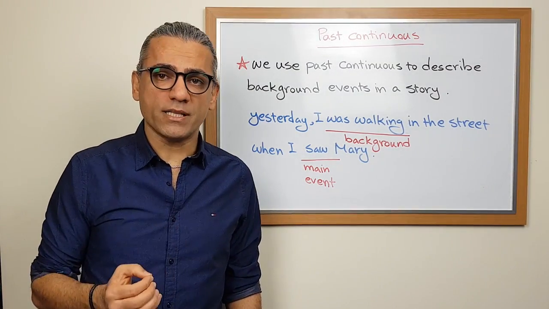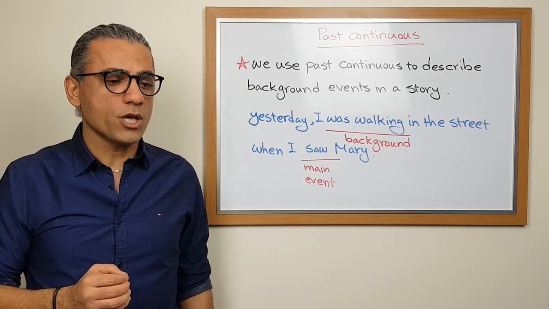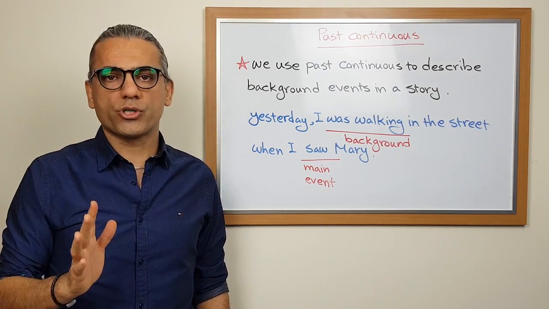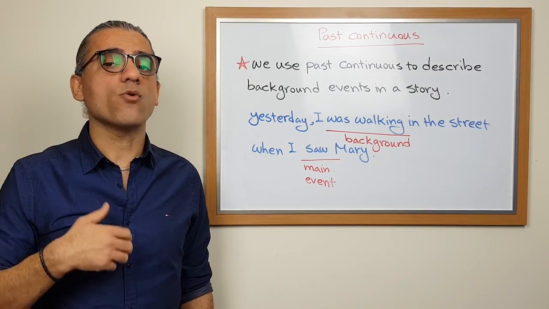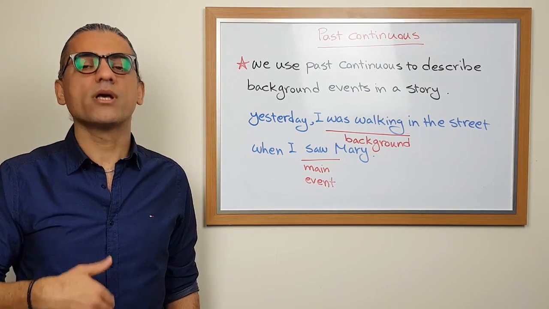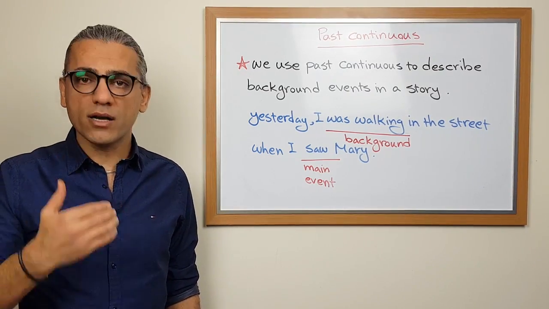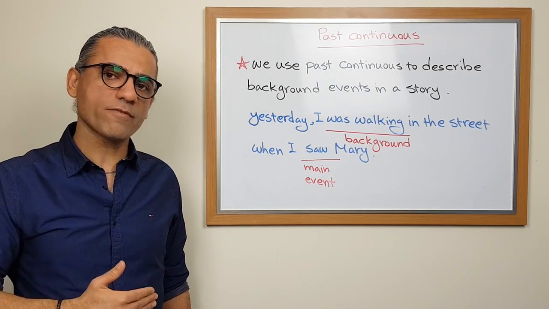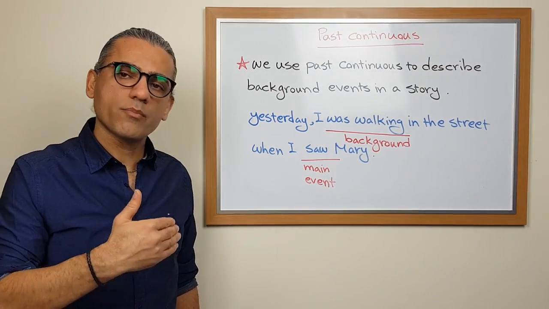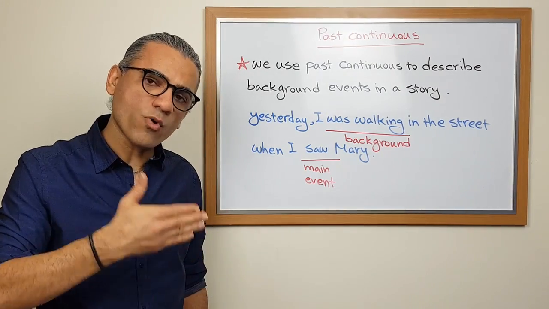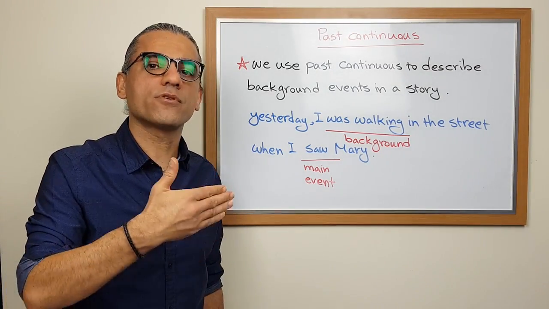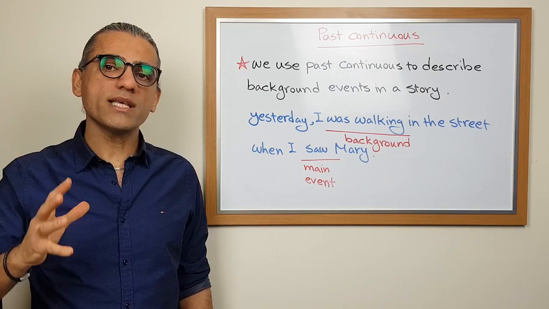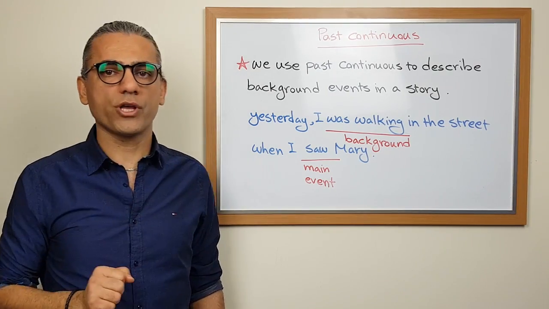A main event in every story pushes the story forward. For example, yesterday I woke up, had a shower, had breakfast, got out, and went to work. As you can see, we have consecutive past simple sentences because one action is happening after another one. And all these actions are pushing the story forward.